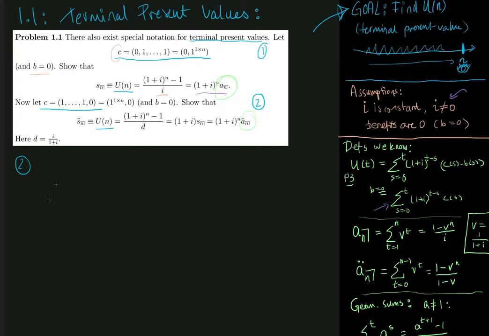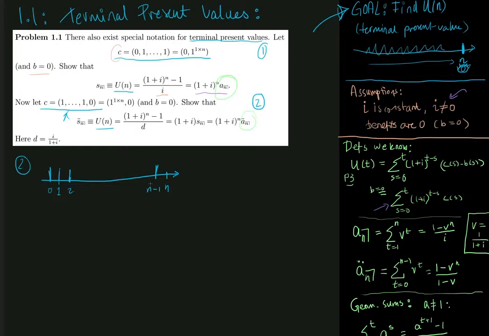In case 2, they say, let the contribution payment stream be an annuity due. They say, let C be this thing here, and that means we have n periods in our contract, but C now has payments at time 0, 1, 2, 3, 4, 5, and so on until time n minus 1.